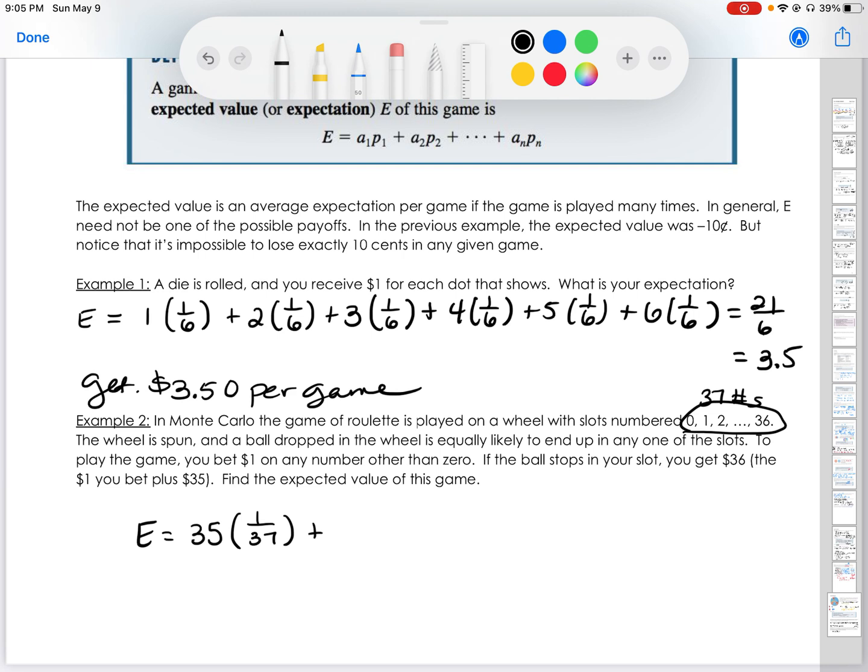Plus, you're going to lose $1 every other time. So that's 36 out of 37. So if we calculate this, that's going to give us negative 0.027. So what that really means is you should lose, let's round that a little better, negative 0.03. That means you should lose 3 cents every dollar you bet.